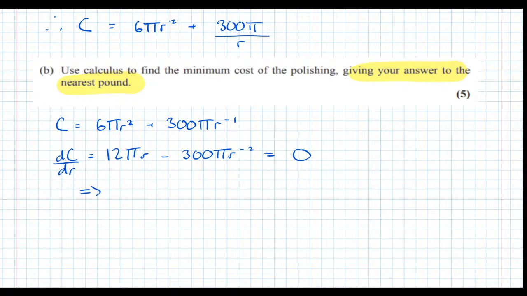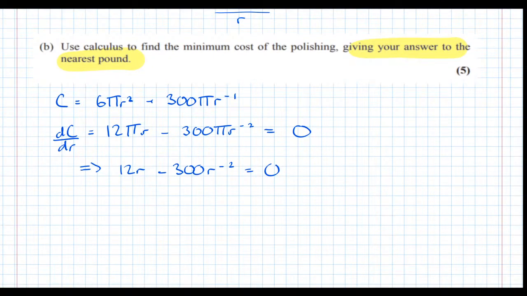So that implies that, let's go about solving it. If we divide both sides by pi, we get 12r minus 300 r to the minus 2 equals 0.